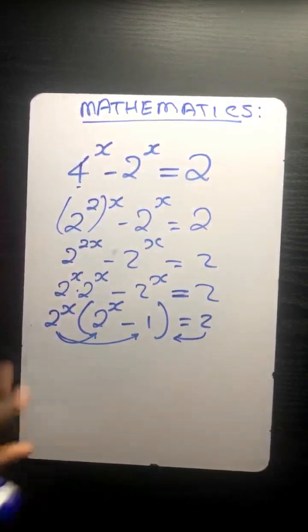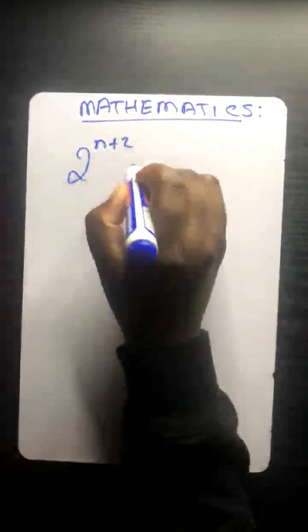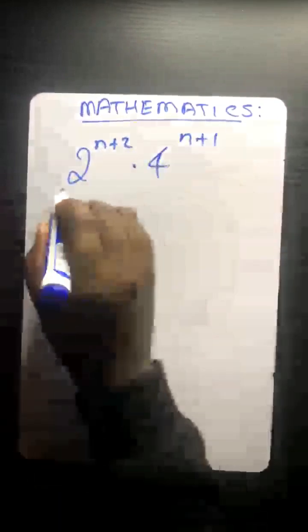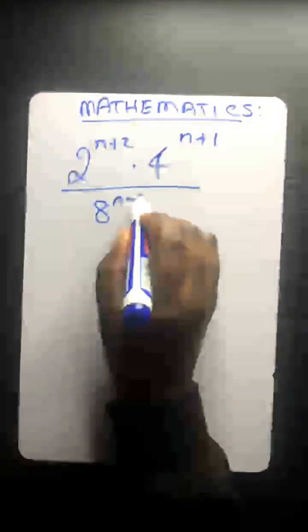Okay, 100%. Now, very quickly, let's have a look at another type of problem. Let's say, for example, we are having that, and then we are having that. Can you see? In this case, you don't have a plus or a minus sign in between.